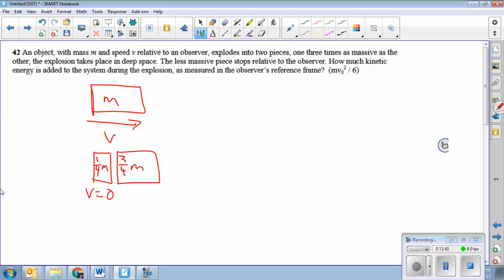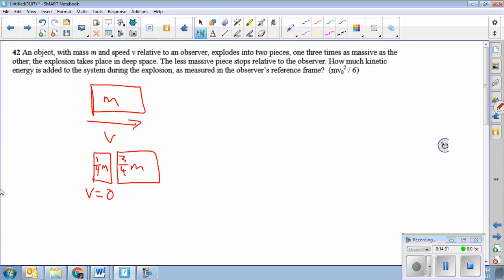And we're trying to find how much kinetic energy is added to the system during the explosion as measured in the observer's reference frame. Oh shoot, I tacked on an O there. I guess that should have just been v squared, not vo squared, because vo isn't in the original problem.